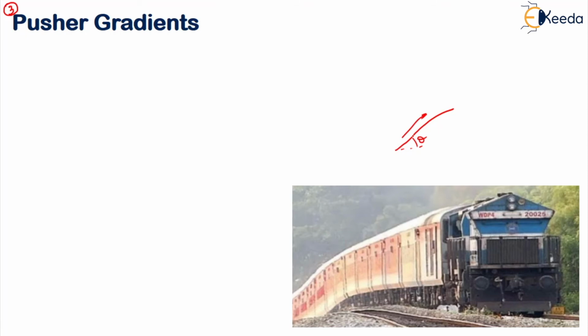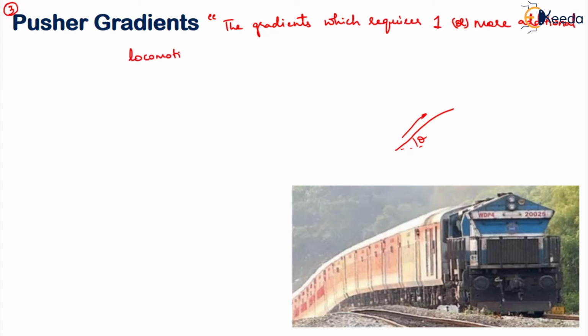So that particular type of gradient is called the pusher gradient. Now if you want to write the actual definition of it, the gradient which requires one or more additional locomotives, which are nothing but engines, or you can say extra capacity.